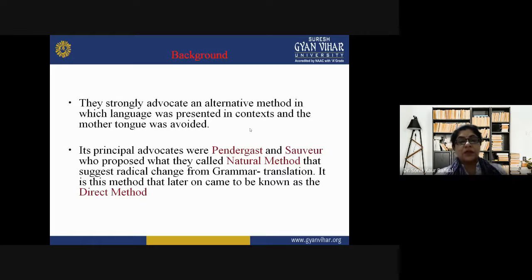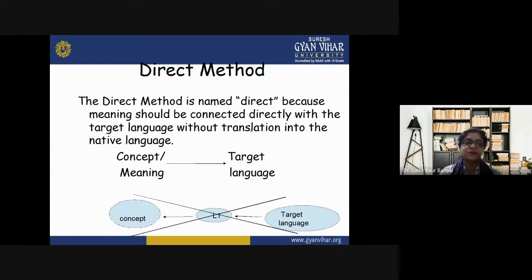The first important thing to remember is that the propounders of the direct method were Pendergast and Sauveur, and secondly, it was earlier known as the natural method. This was a radical change from the grammar translation method.